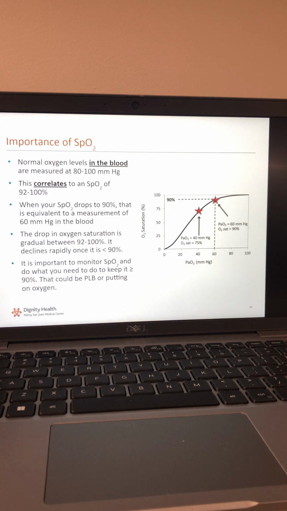The drop in oxygen saturation is gradual between 92 and 100%. It declines rapidly once it is less than 90%. So it's important to monitor that saturation and do what you need to do to keep it greater than or equal to 90%. That could be pursed lip breathing or putting on oxygen.